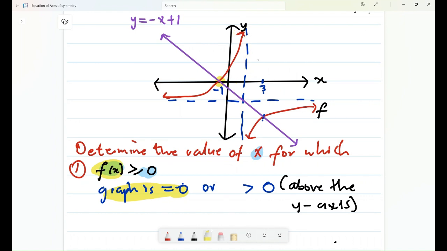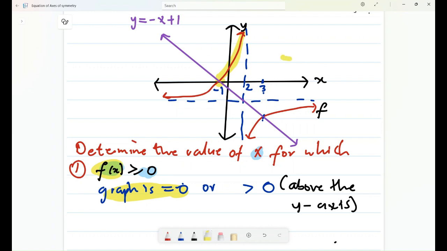So where is our graph? This graph of f above the y-axis. We agree it is above the x-axis here. But until this point, so it is from negative 1 up to, let's say here, we're given this coordinate as 2. So it is from this point negative 1 up to the point where it does not reach whatever value, but it does not touch 2.